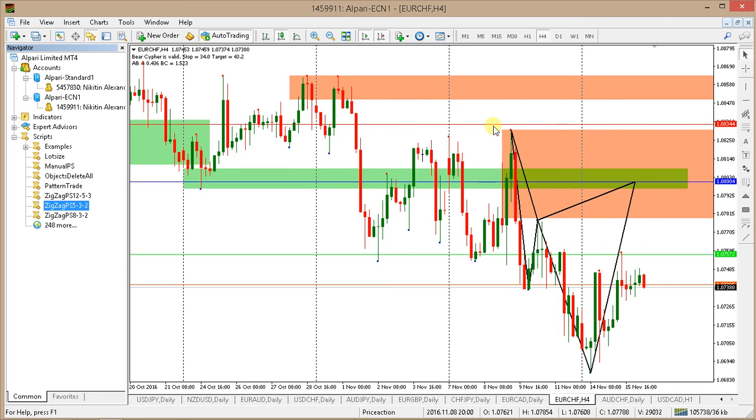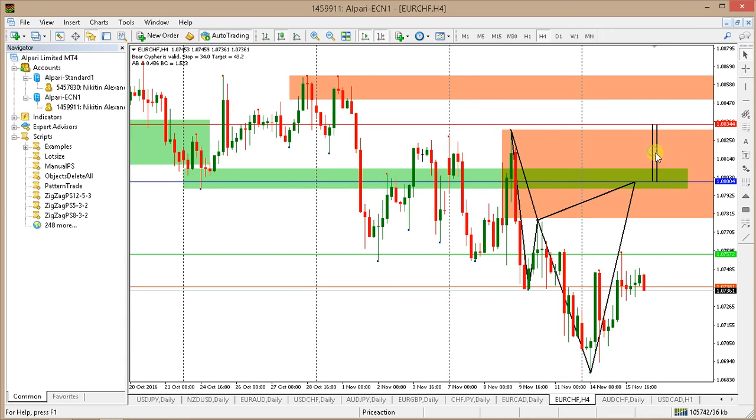Stop loss above X, as I told you. The distance of the stop loss is 78.6% of the target. You can see it. If I copy and paste, you see the target is larger.